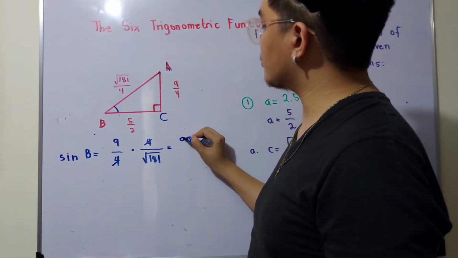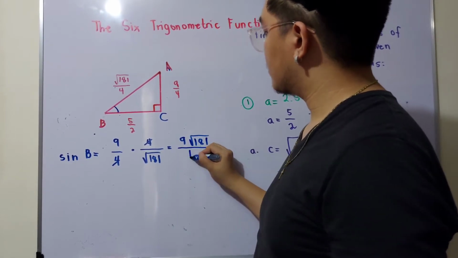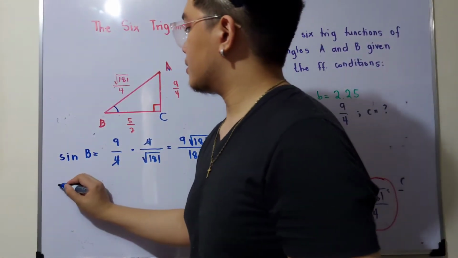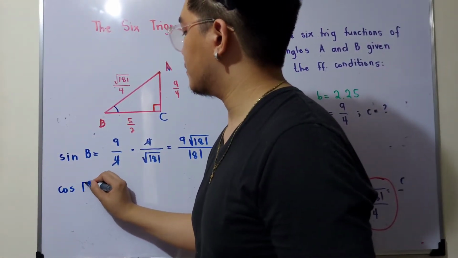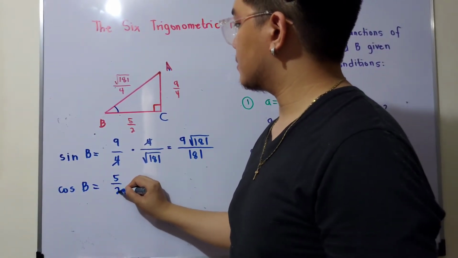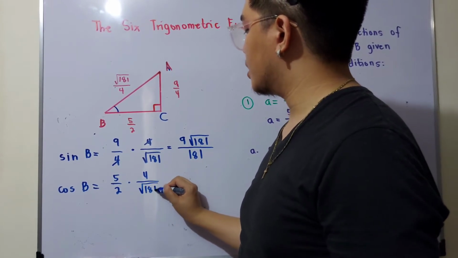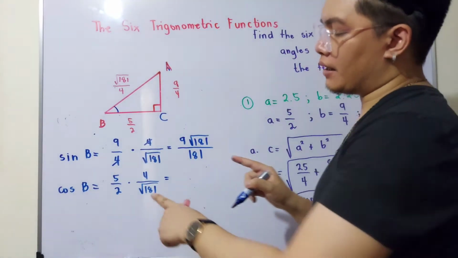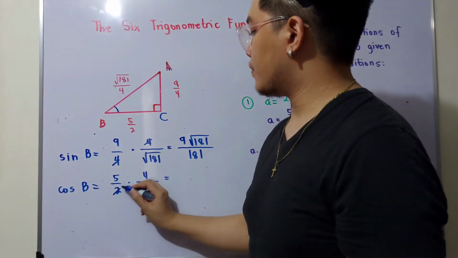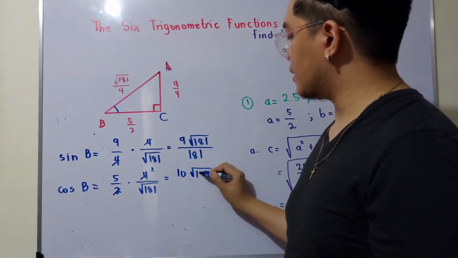Just rationalize na rin natin. Yan. So, si cosine B, adjacent times yung reciprocal ng hypotenuse. Para hindi na tayo maglalagay pa ng over doon, ganyan din naman yung kalalabasan. So, this one will become 2. Tas gawin na natin gano'n. So, 10.